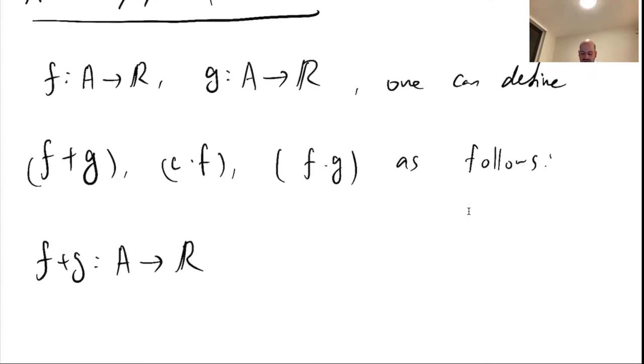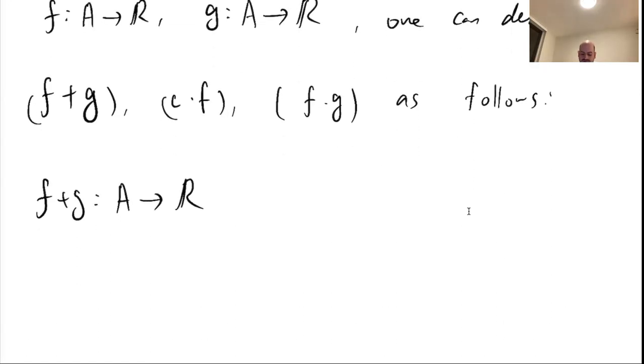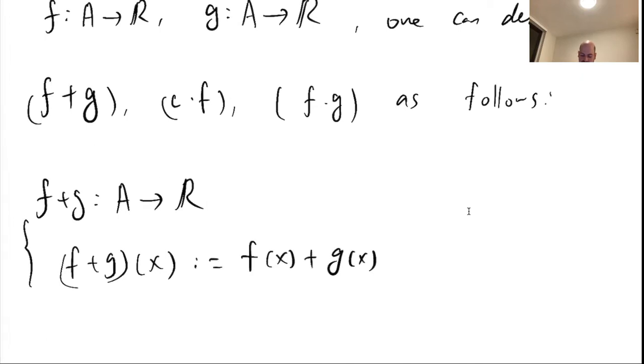So f and g, let's say, are from A to R, so the domain is A. So I want to introduce a new function called f plus g, the addition of those functions. f plus g is also a function with domain A, codomain R, and what is the formula? f plus g of x, if the input is x, is defined as f of x plus g of x.